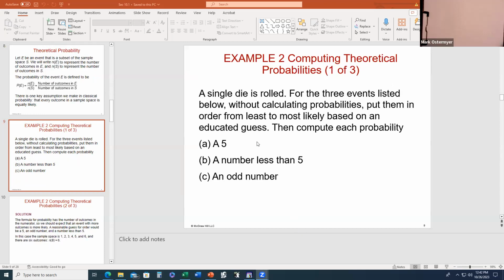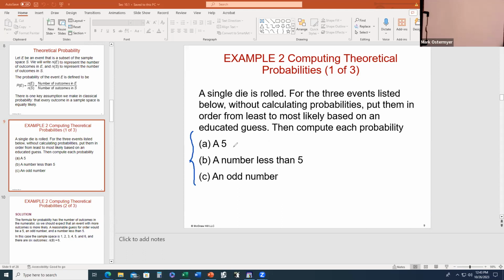Here's an example. A single die is rolled for the 3 events listed below. Without calculating probabilities, put them in order from least to most likely based on educated guess, then compute each probability. For classwork number 1, for A, B, and C, I want you to order these based on the likelihood of these events occurring.